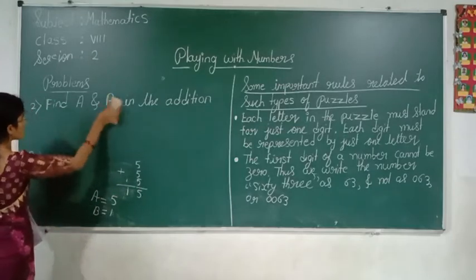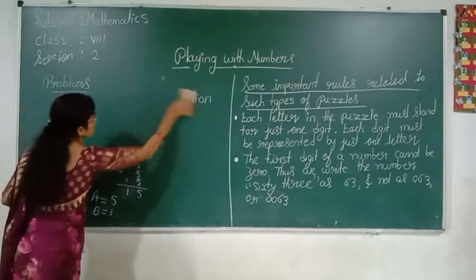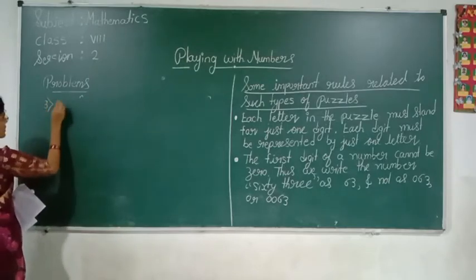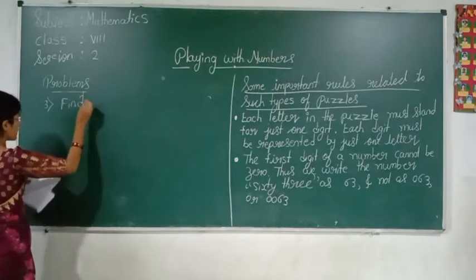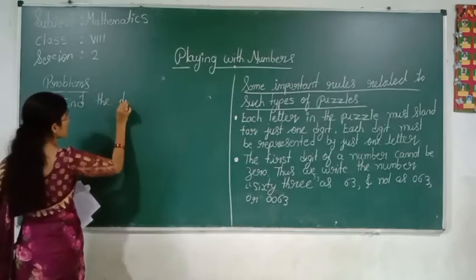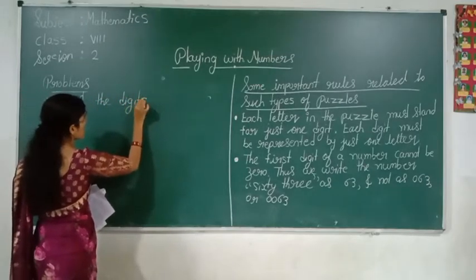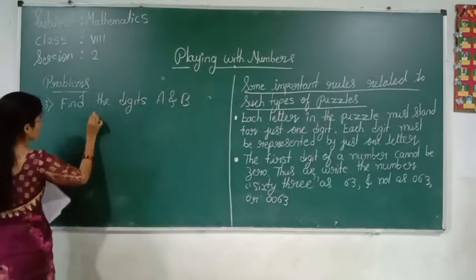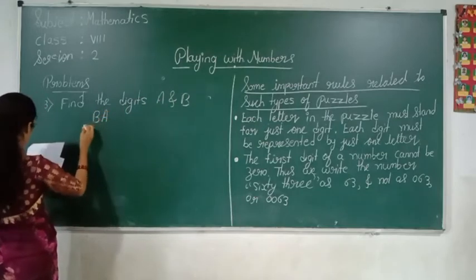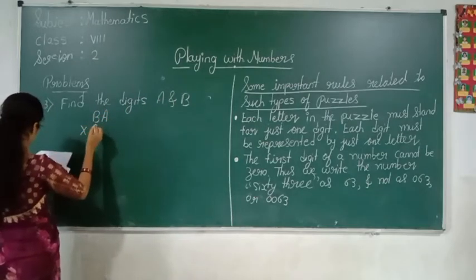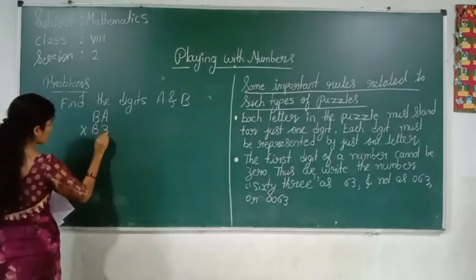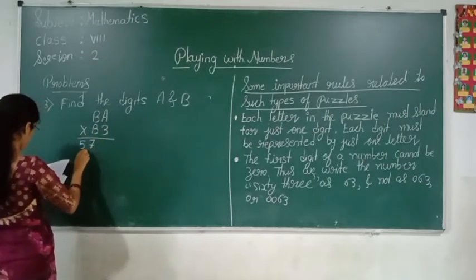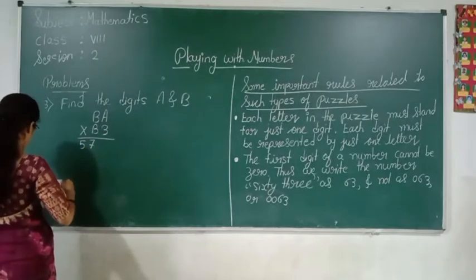Okay, now we will solve the third one. Find the digits A and B. First question, BA into B3, the answer should come 578.